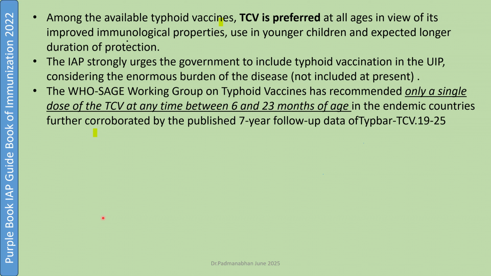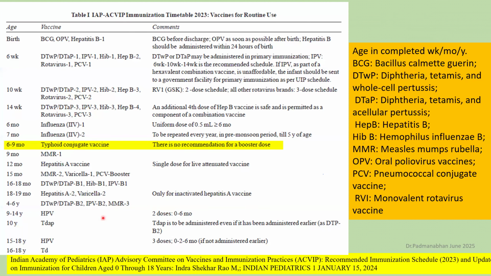Now, if you look at the IAP schedule, typhoid conjugate is at 6 to 9 months. Remember, this is by the IAP. Conjugate vaccine is a killed vaccine. Still, they don't advise a booster. That's a funny thing, because immunologically, live vaccines don't require boosters, but we give boosters for MMR, varicella.